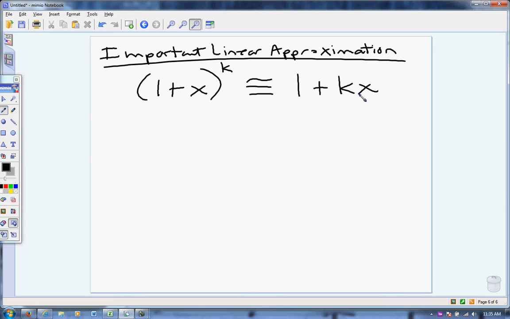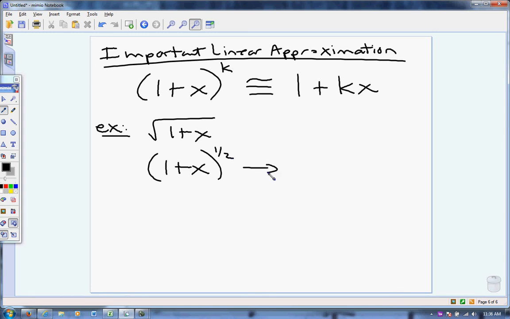What do I mean? Let's do an example. Let's say that I had the square root of 1 plus x. Well, isn't that the same thing as 1 plus x to the 1/2? So I could say that a good linear approximation of this function is 1 plus 1/2 x.